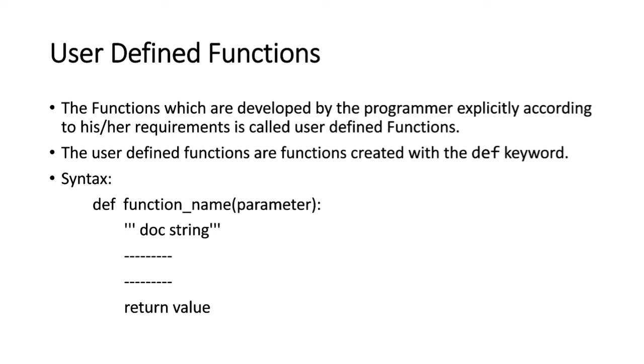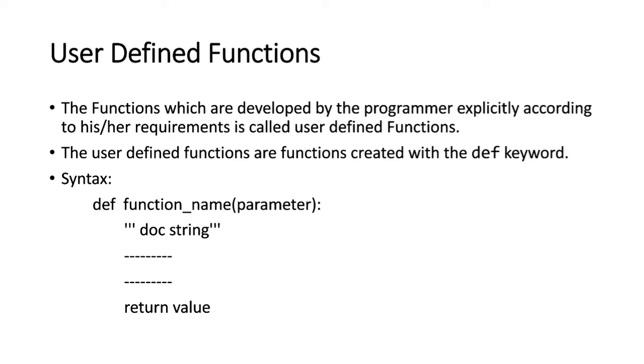Now there may be a certain case when the built-in functions are not enough, right? So what you can do is write your own functions in Python. The functions which are developed by the programmers explicitly according to his or her requirement are known as user-defined functions. User-defined functions are created with the help of the def keyword.